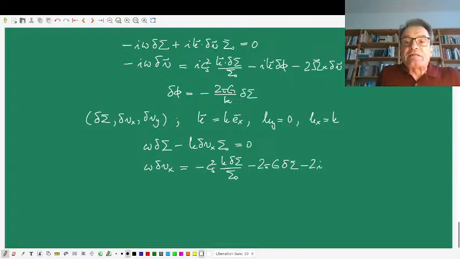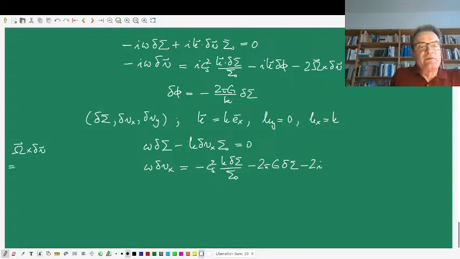And now I need the x component of the Coriolis force. I need a little calculation on the side here. Omega vector product with delta V equals omega absolute times Ez, vector product taken with delta Vx Ex plus delta Vy Ey.